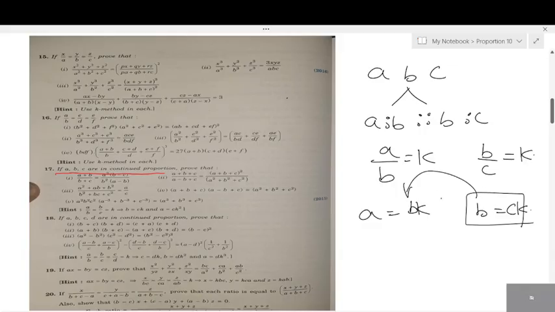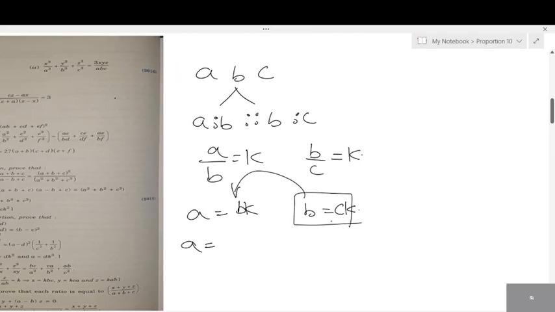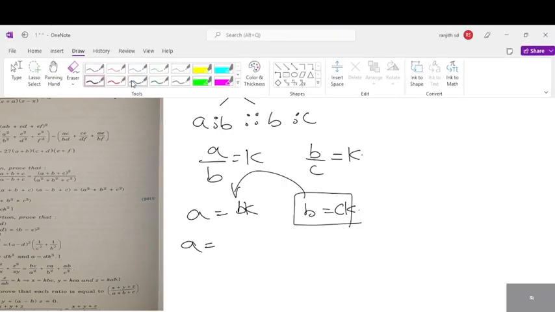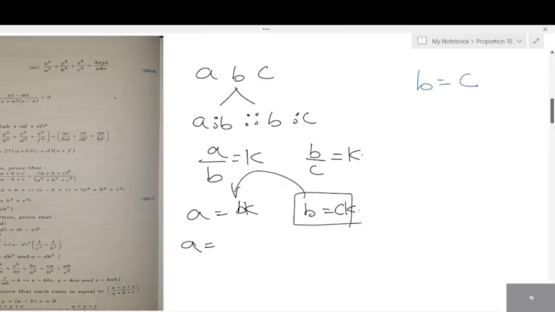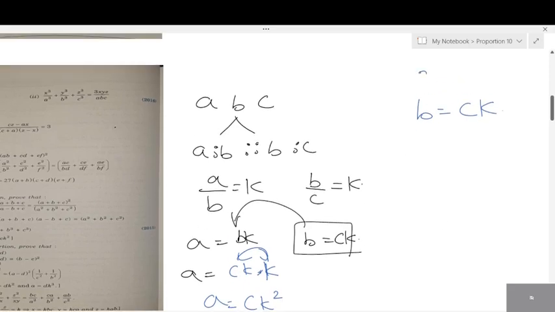I mean not shift, substitute, right? You have to substitute, students. So what is B value? B is equals to CK. We just need these two things. A is equals to, substitute the value here, CK into K. What is CK into K? A is equals to CK square. Did you understand this conversion?